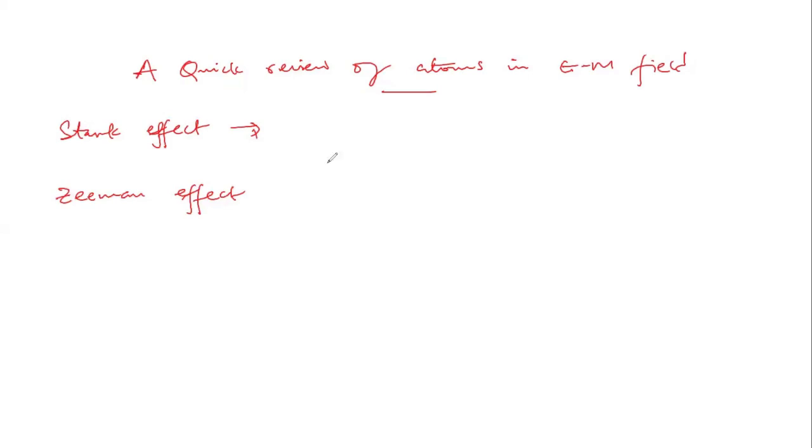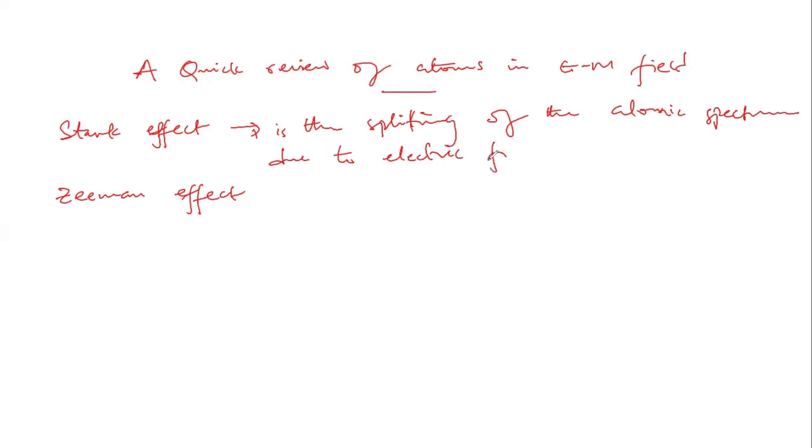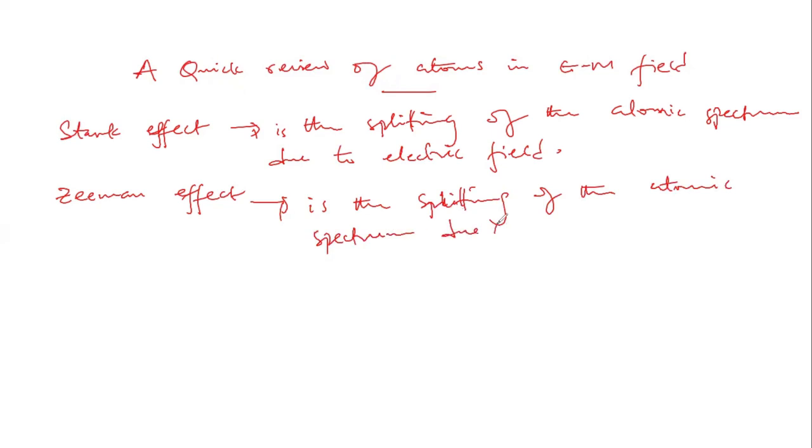Here, we say that the Stark effect is the splitting of the atomic spectrum due to electric field, while the Zeeman effect is the splitting of the atomic spectrum due to magnetic field.